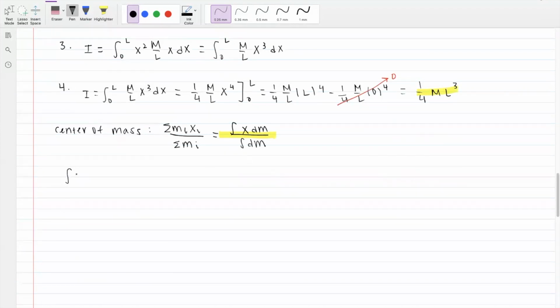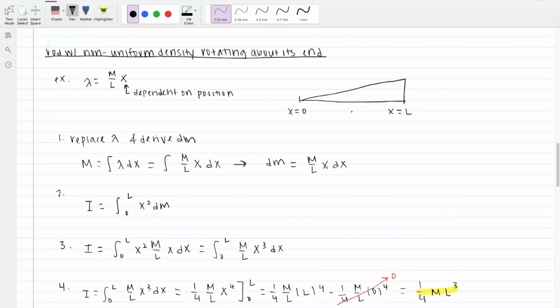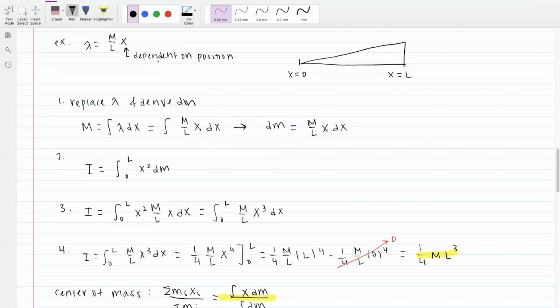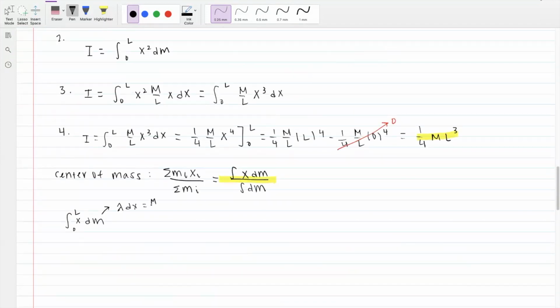So for the integral of x dm, we know that we're going to be integrating for the entire length of this object, so from 0 to L. We know that dm is equal to lambda dx, which is also equal to, in this case, m over L x dx.